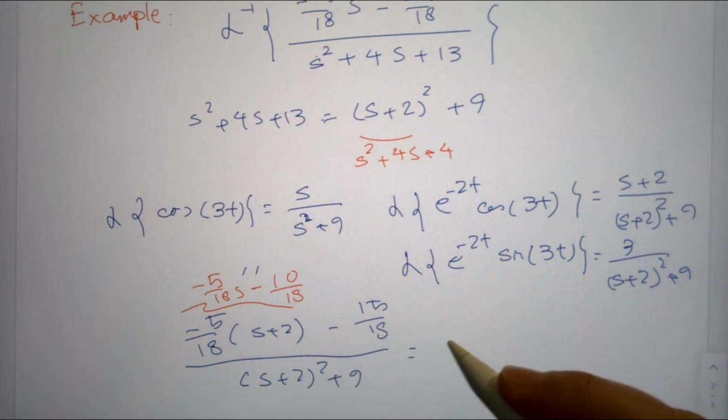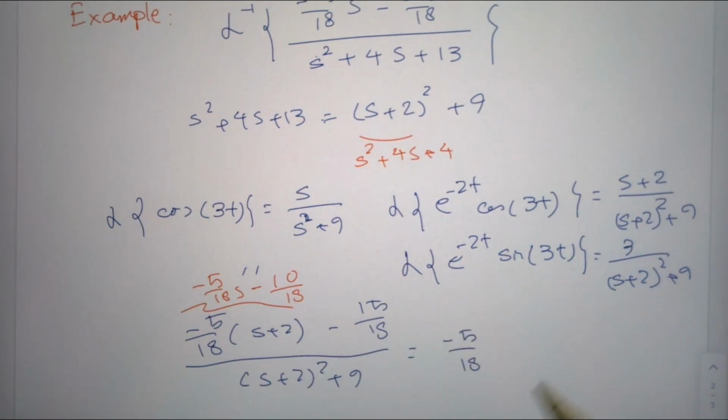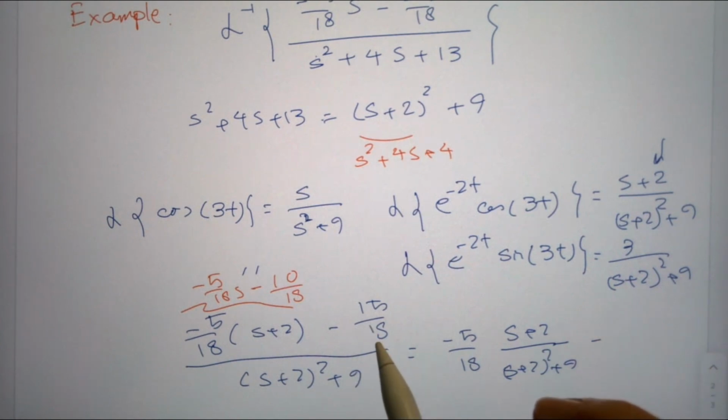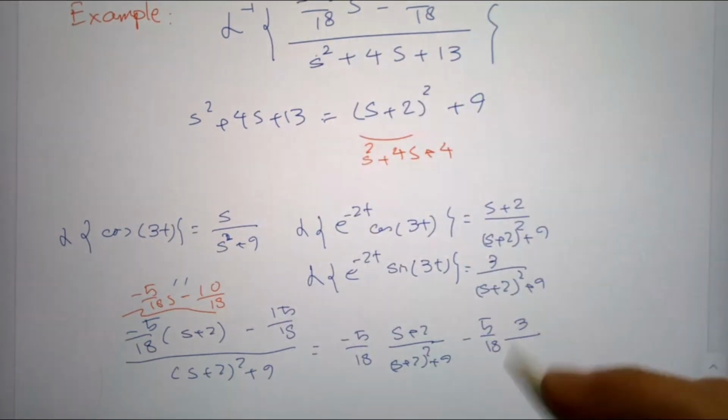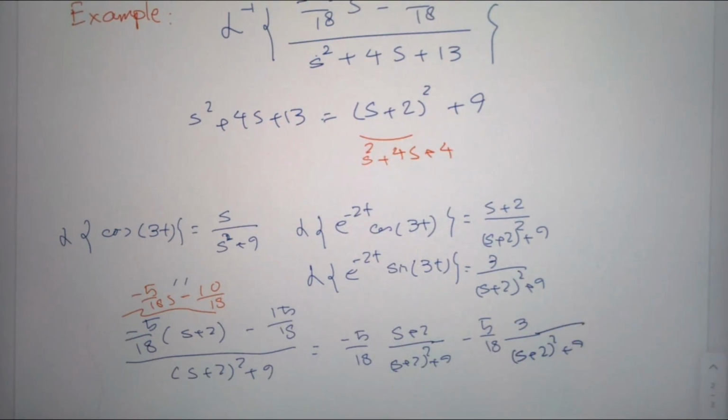Now let's factor out negative 5 over 18 times s plus 2 over s plus 2 to the power 2 plus 9, which is this one. And then, I needed 3, so I'm going to write negative 15 over 18 divided by 3 times 3. That would be negative 5 over 18 times 3 divided by s plus 2 to the power 2 plus 9.